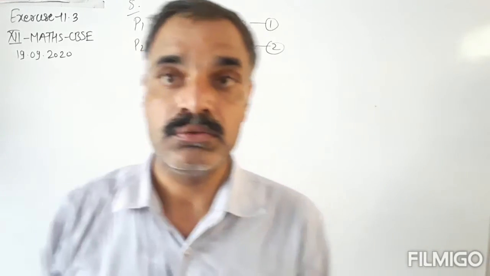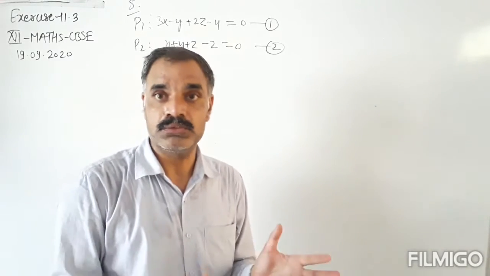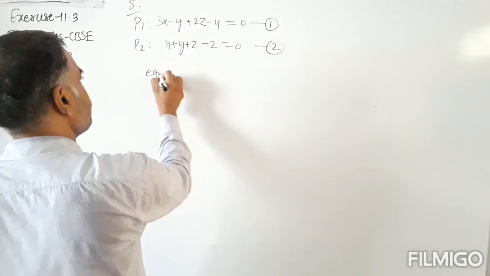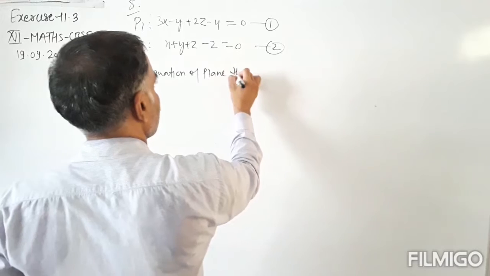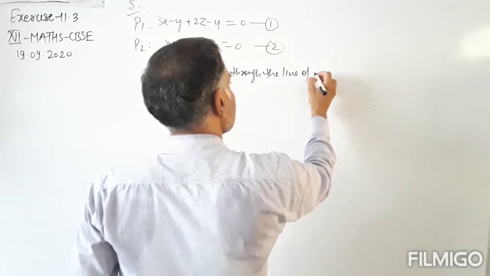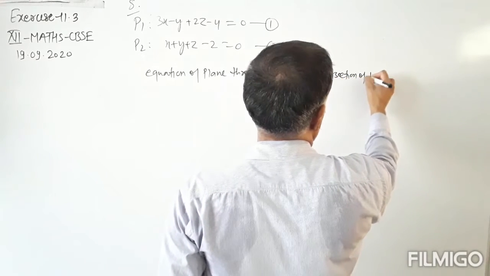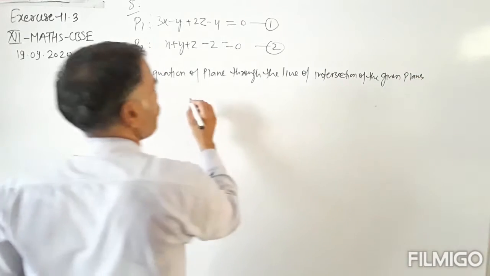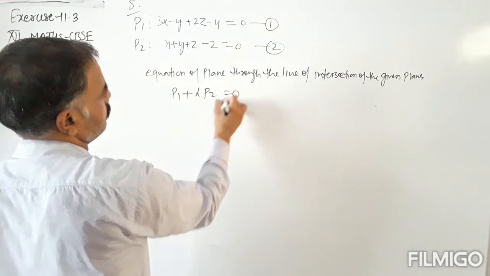We have to find the equation of the plane passing through the line of intersection of these planes. So the equation of the plane through the line of intersection of the given planes is P1 plus lambda P2 equals 0.